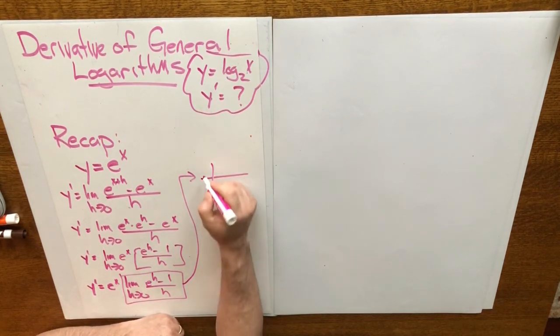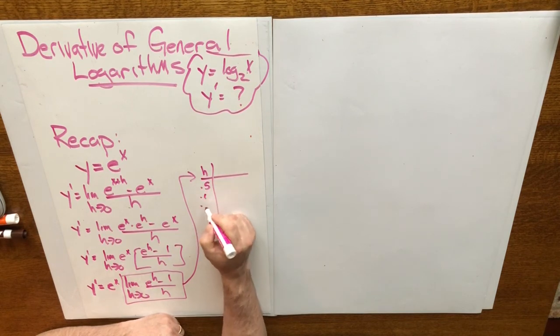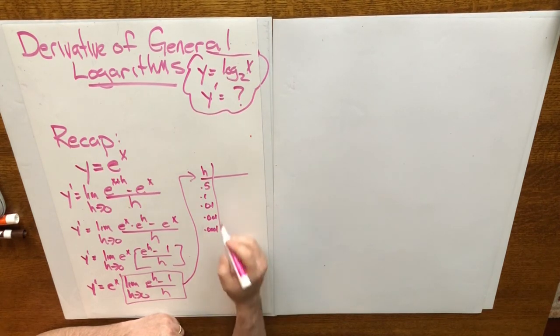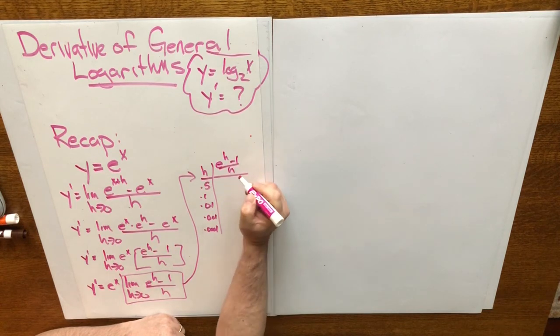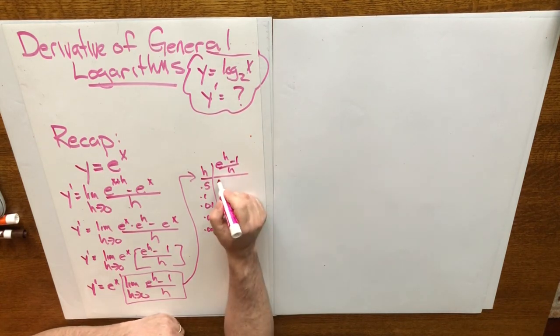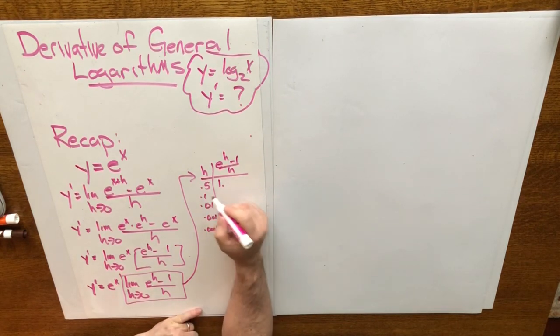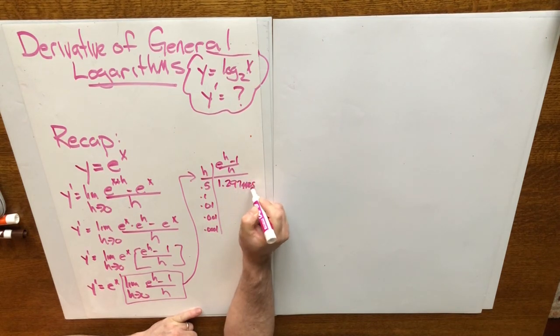We said, what happens as h gets smaller and smaller, approaching 0? And we considered the value of this. And so I did that on my calculator, and I got these values. As h was 0.5, we had 1.2974425.